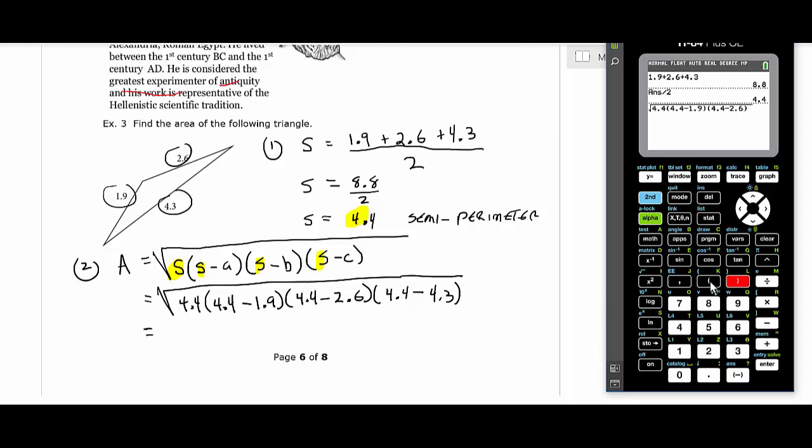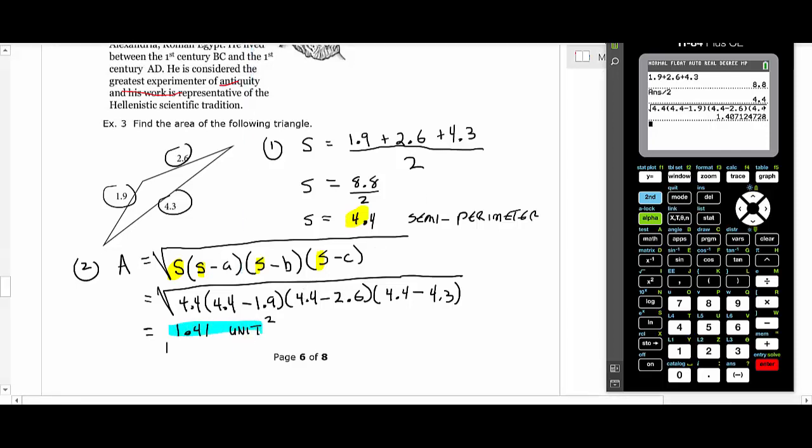And finally the semi-perimeter, 4.4, minus the last side, 4.3. The semi-perimeter should always be bigger than each of those individual sides. Then you do that square root, and that will give the area of that triangle, which is approximately 1.41 units squared.